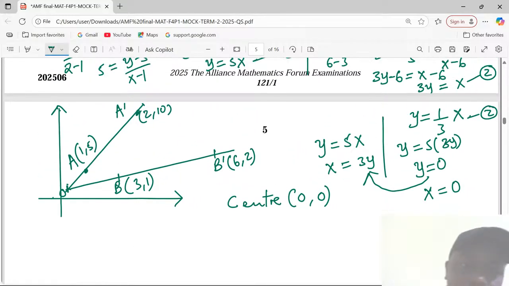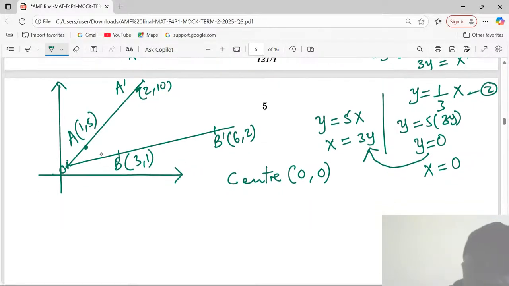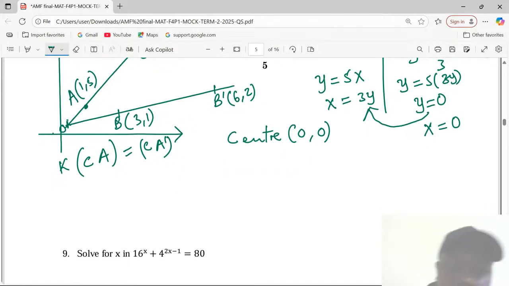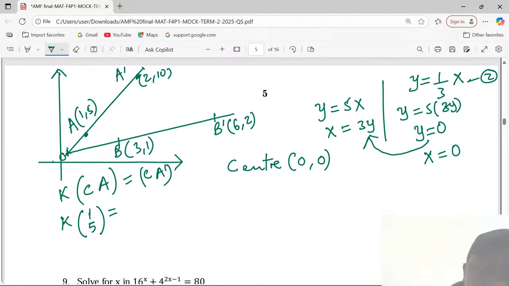From the center to A, there should be a certain factor multiplying to give us from center to A prime. So this constant times the first vector 1, 5 should give us the second vector, which is 2, 10.